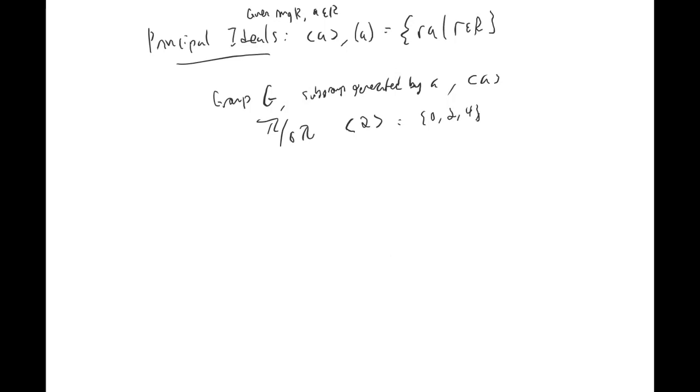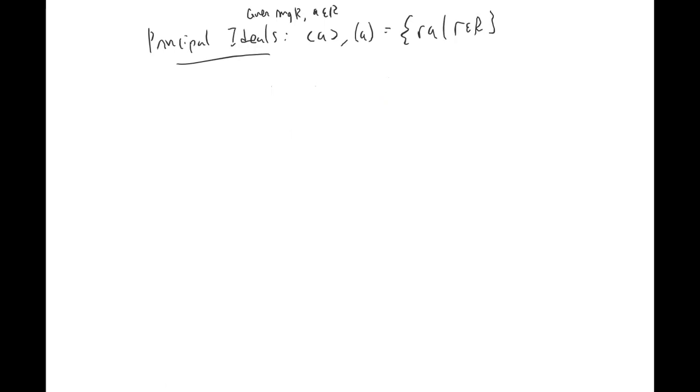It's all the things you could get from powers of 2. So it's the same idea here. We're generalizing it. Here it's all the things you can get by multiplying a by an element of R. So we're generalizing subgroups generated by elements, now for rings.